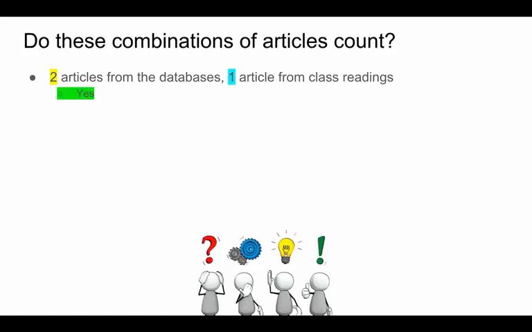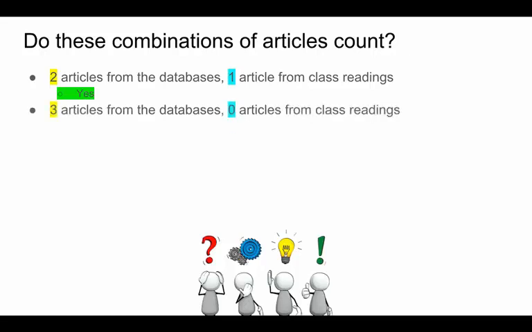And the answer is yes, because you've met the minimum of 3 articles and you've met the minimum of 2 articles from the databases. Next, what if you use 3 articles from the databases and 0 articles from the class readings? Think about that.